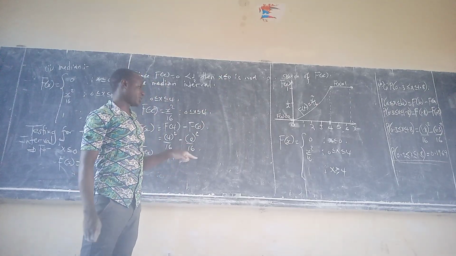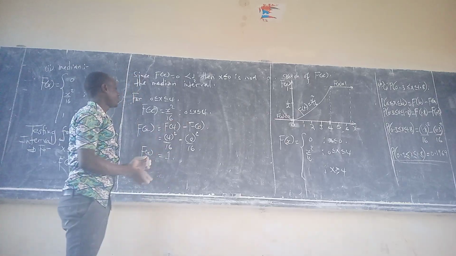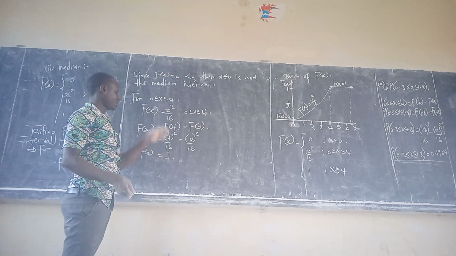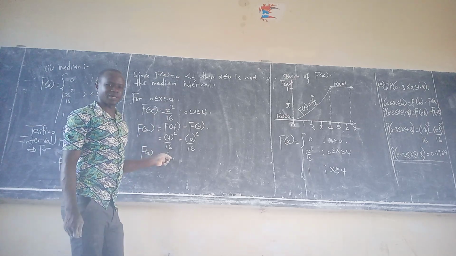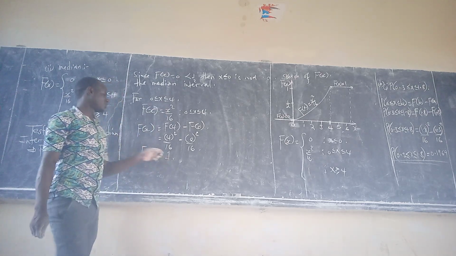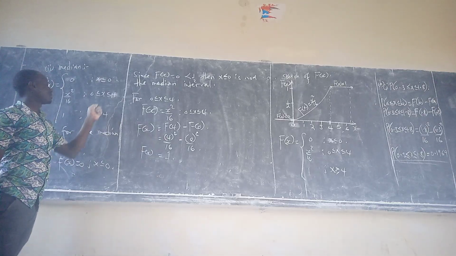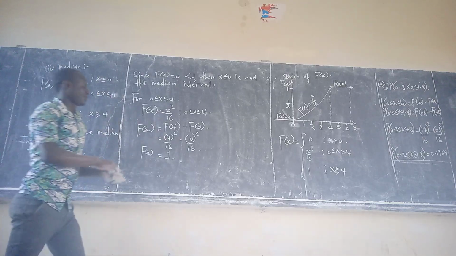That is the reason why we went for the second one. Since when you substitute these two values you get a value which is greater than a half, then you don't go to test the last one because the condition has already been satisfied.